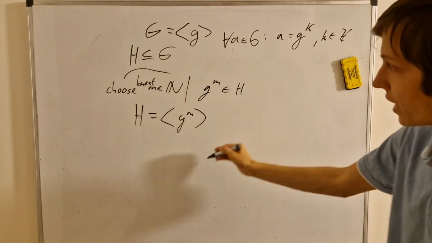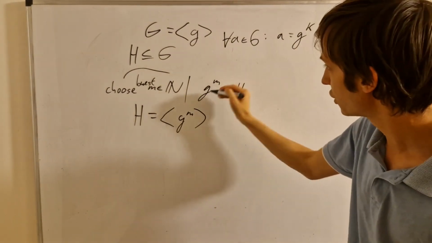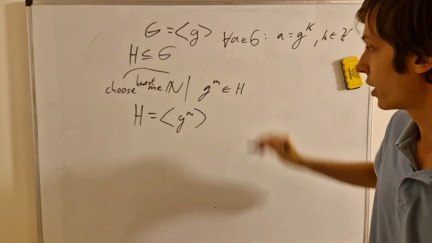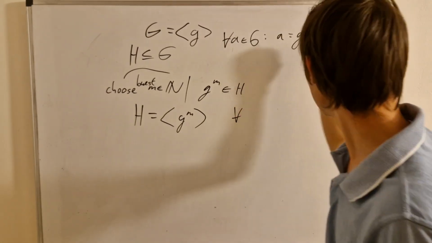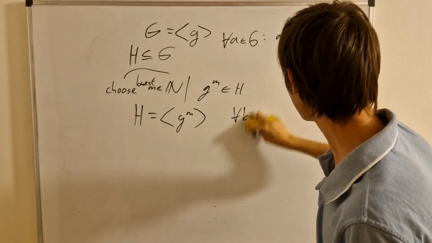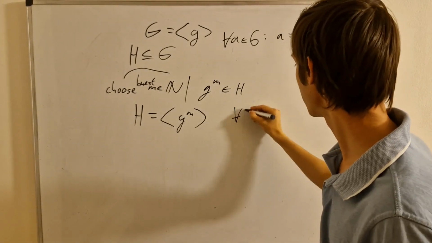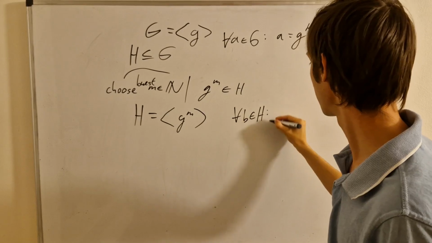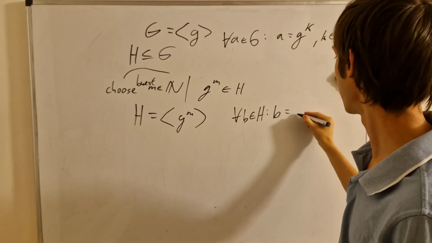So if we say H is cyclic and say this G to the m is the generator of H, that means that every element, let's say b, inside H is generatable by this?